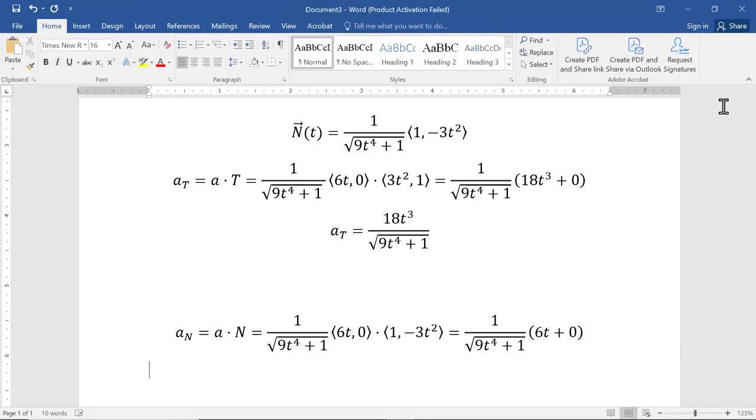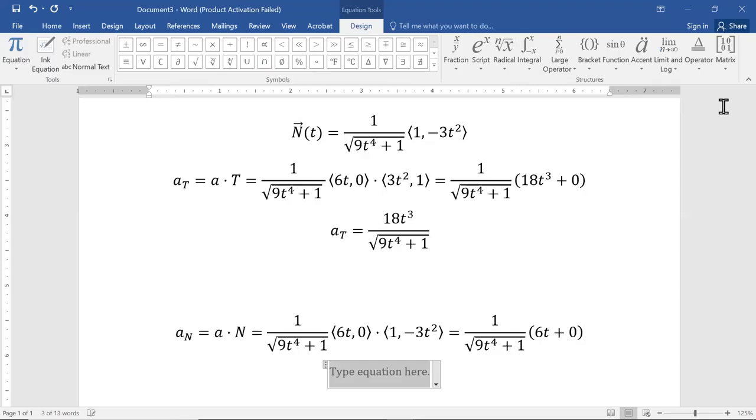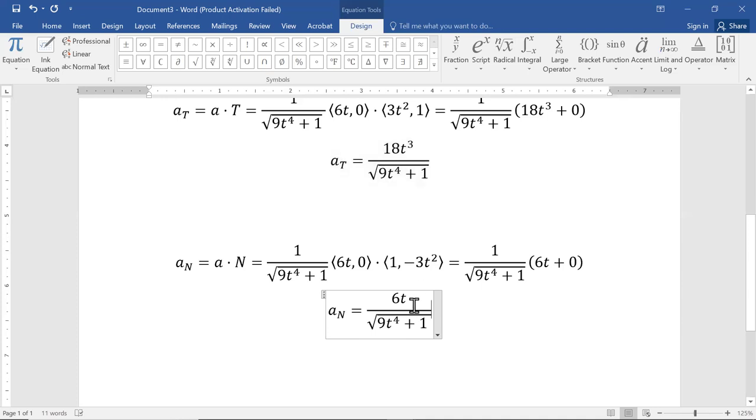So that means my a sub n, the coefficient of my unit normal vector, will be 6t divided by the square root of 9t to the 4th plus 1. So there I have the coefficients by using dot products.